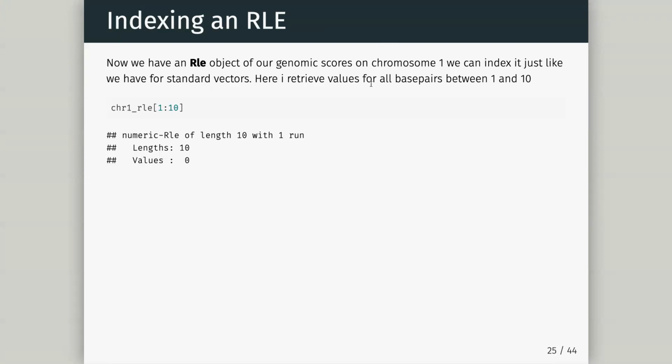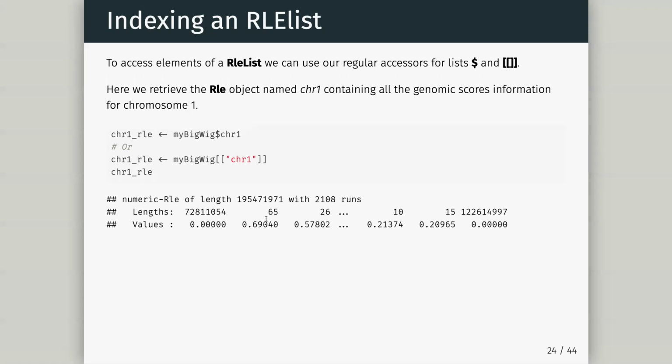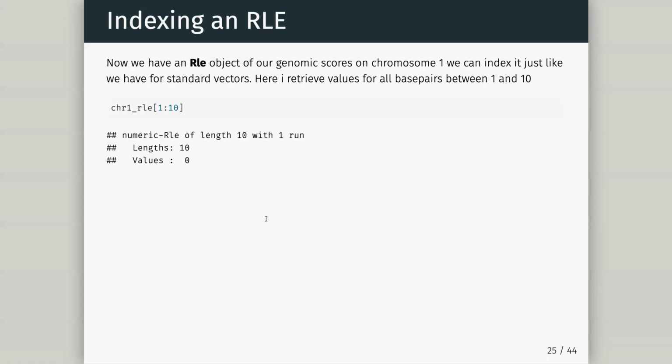Now, even though this does look like a really strange object, what's nice is we can interact with it largely like a normal vector. So we can save all this space, but we can still index it, for instance, like a normal vector. If we have this long RLE object, and I want to get just the first 10 values, the first 10 base pairs of my chromosome, I want to know what the values are over them, I can just do standard square brackets, and then 1 to 10.